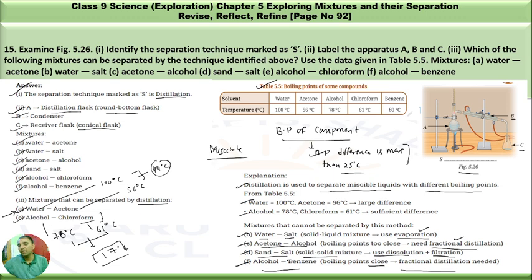In this way, when the boiling point difference is small, the fractional distillation method will be utilized. Otherwise, if the boiling point difference is more than 25 degrees Celsius, you have to utilize the distillation method. Hope you will understand about it.